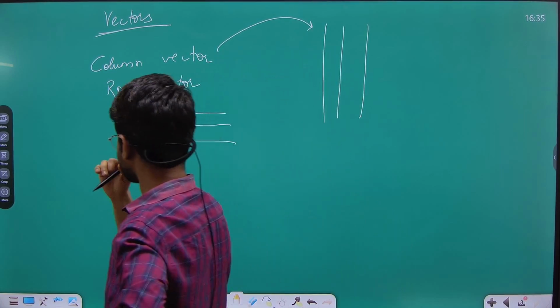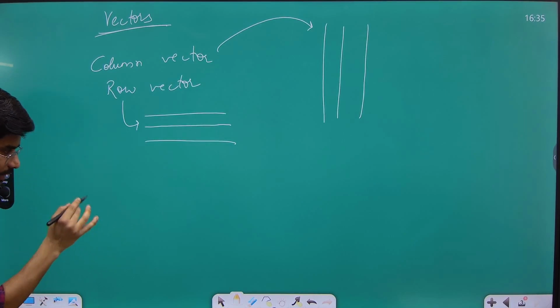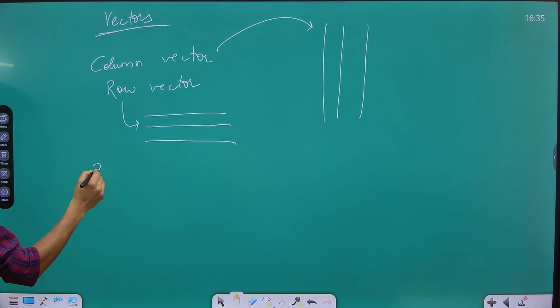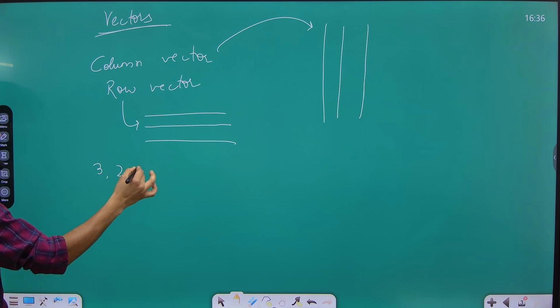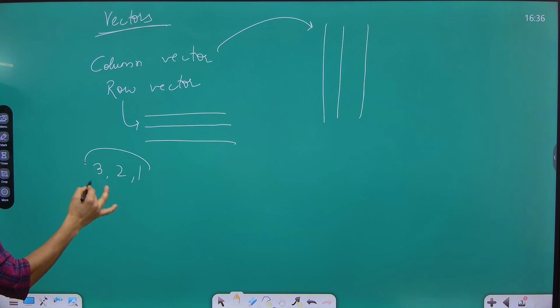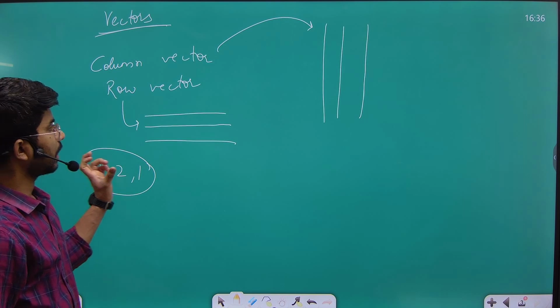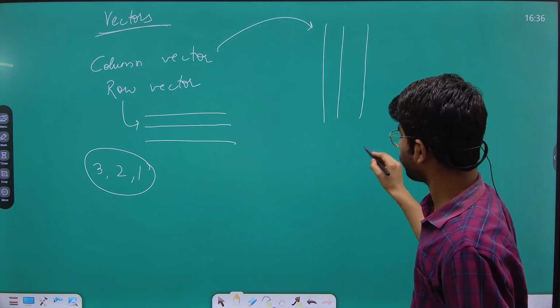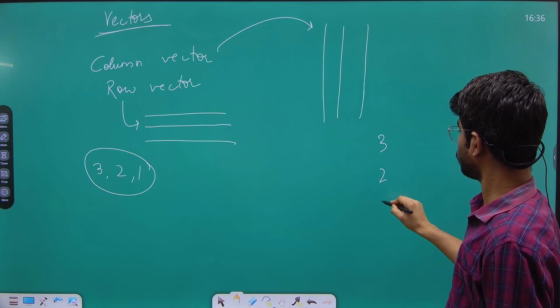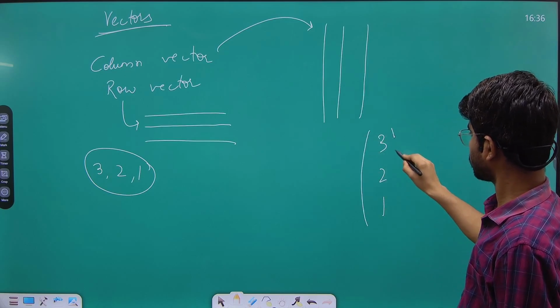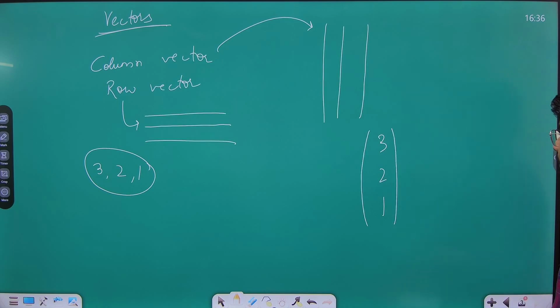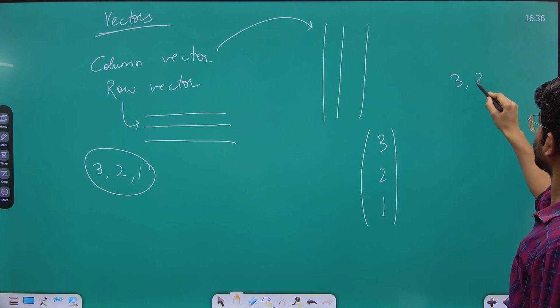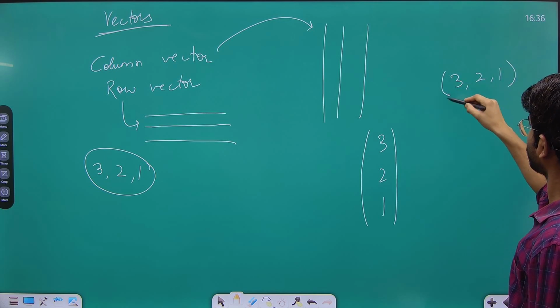Suppose you have three elements 3 2 1. If you want to write this as a column vector, then you write 3 2 1 vertically and use this parenthesis to represent the vector. Similarly, for a row vector you can represent it as 3 2 1 horizontally.